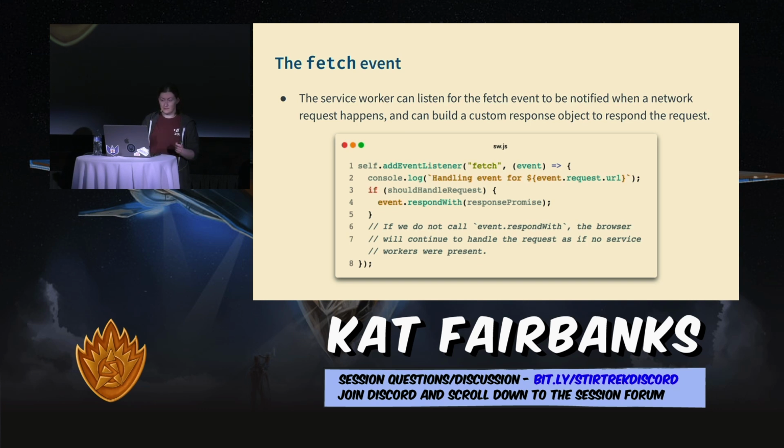You'll get the event with the request object on it, and you can call event.respondWith, which takes a promise of the response you want to use for that request. If you don't call event.respondWith, the browser will continue as normal and use its normal network request flow.